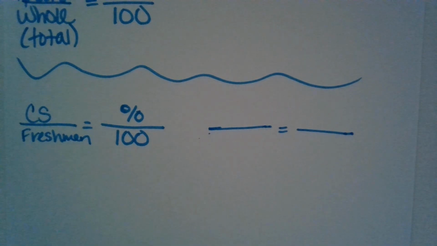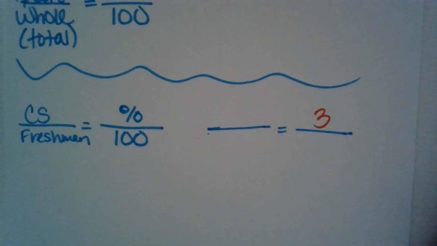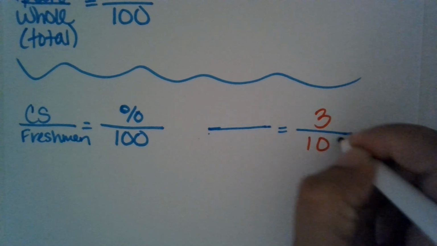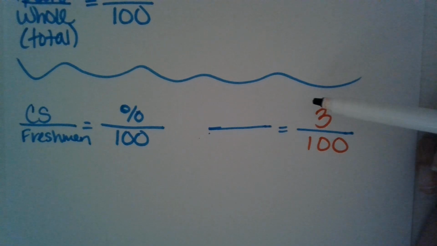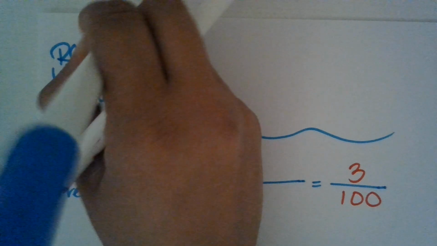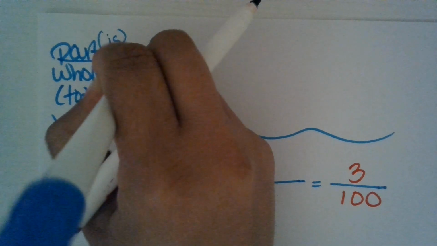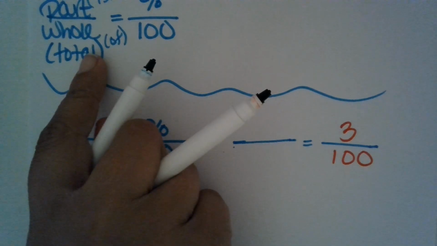Okay, well, 3%. I know what the percent is. It's 3. And it's always out of 100. Well, 3% of, and y'all should know this part too. When we were doing the is and the of, if it says of and then there's a number next to it, I know that's the total.